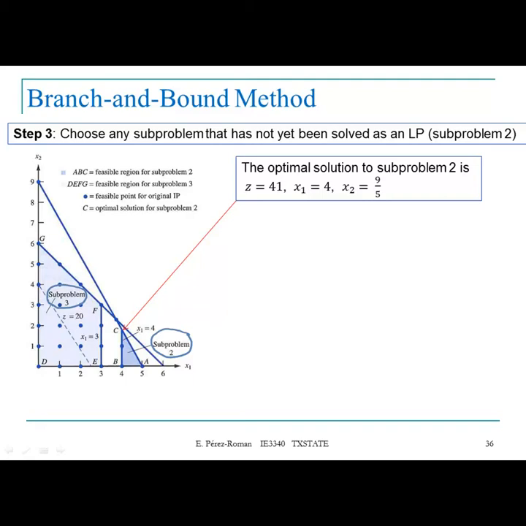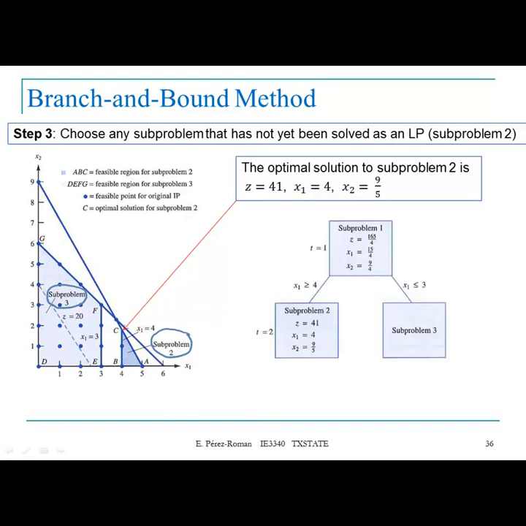Okay? So we are almost there. We have an integer value now, and we have a fractional value. So we are improving our solution, and this is what we just did. You can see how we're going to start branching our problem. We start with subproblem number 1, the LP relaxation, the solution for the LP.